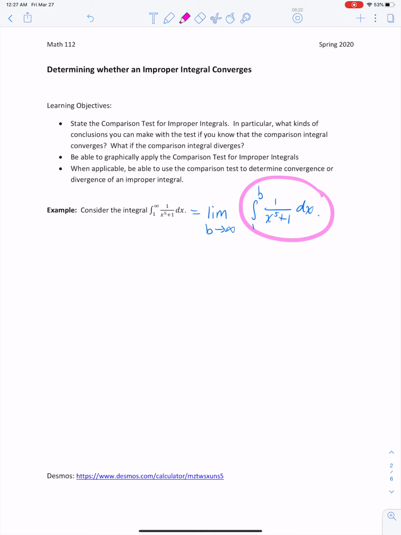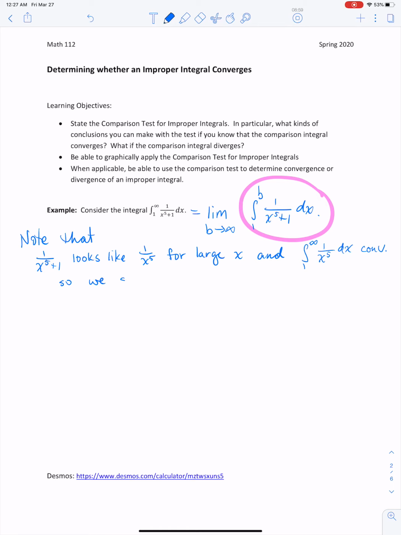So let me just record that here. Note that 1 over x to the fifth plus 1 looks like 1 over x to the fifth, at least for large x, and the integral from 1 to infinity of 1 over x to the fifth dx converges.